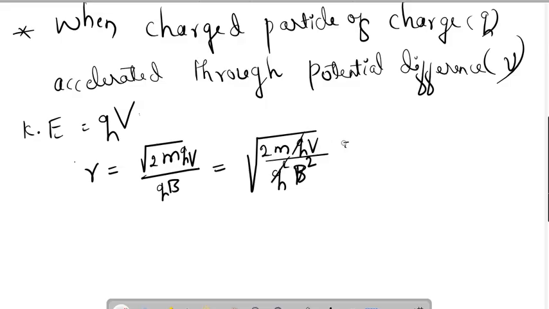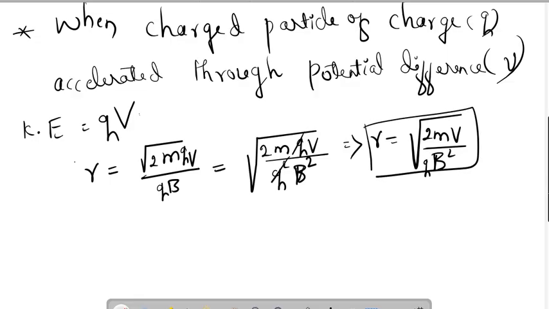So one q gets cancelled. We will get R is equal to root of 2mV divided by qB square. So when a charged particle is accelerated through potential difference V, these are some cases. It will help you in NEET and CET examinations.